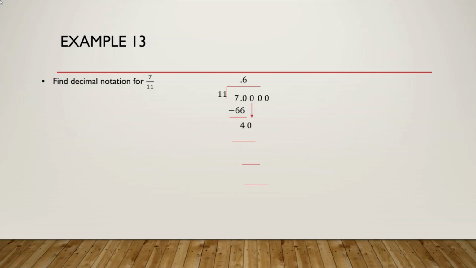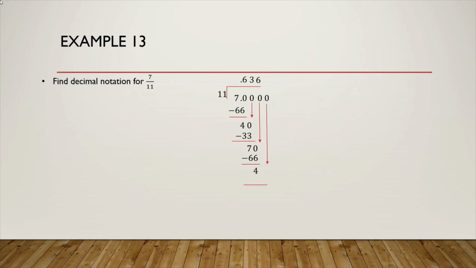Bring down 0. 11 goes into 40 3 times. 3 times 11 is 33. Subtract those. 7. Bring down 0. Does 11 go into 70? Yes, 6 times. 6 times 11 is 66. It's looking vaguely familiar. Subtract 70 minus 66, you get 4.